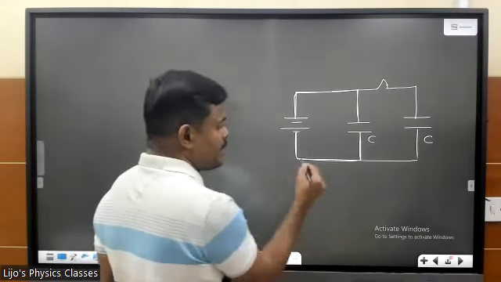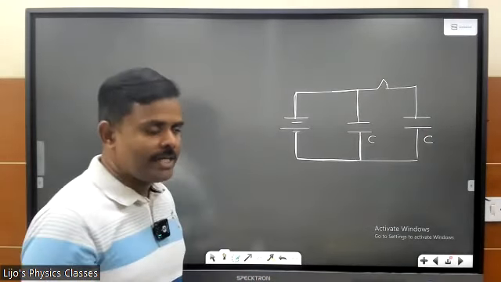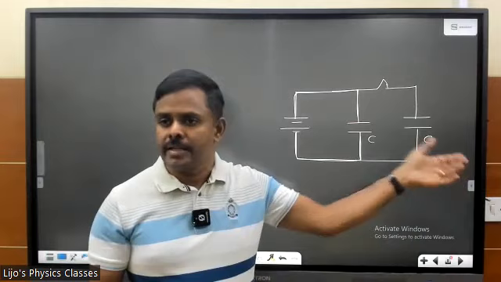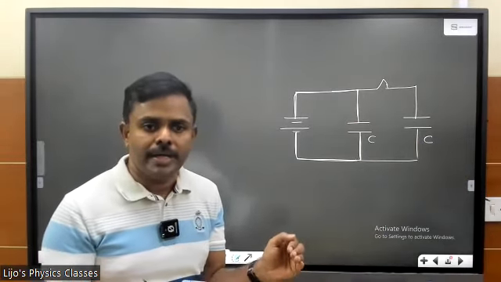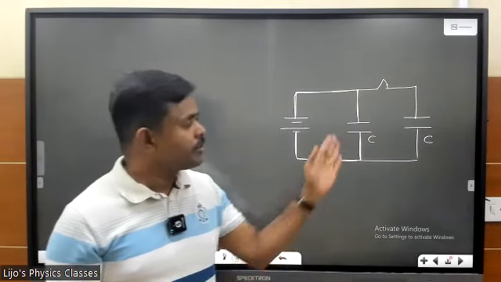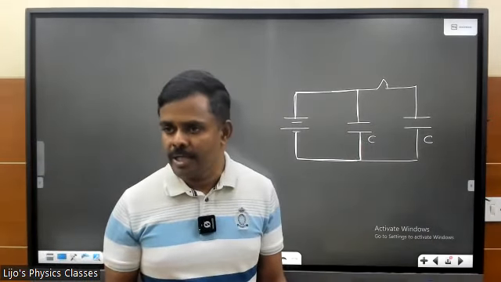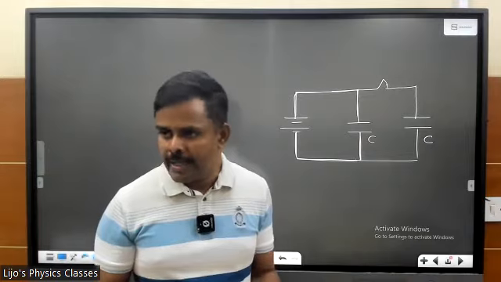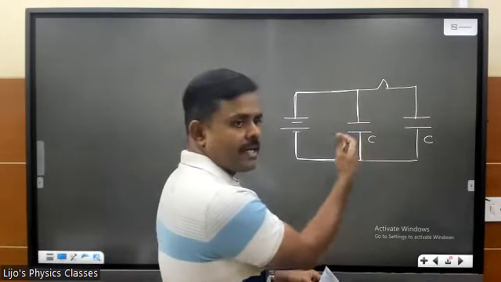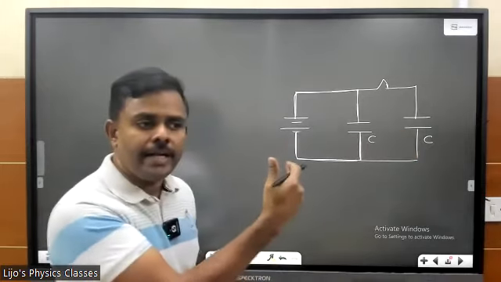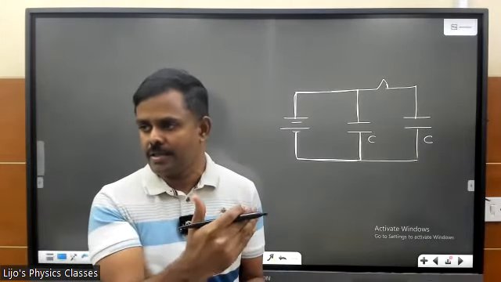Bottom plate is connected to the negative. Right? Which means for both the capacitors, the top plates are connected together. Bottom plates are also connected together to the same point. So they are in a parallel combination. Am I correct? In case 1, when the switch is closed, both the capacitors are in action and both are in parallel combination. Got it?